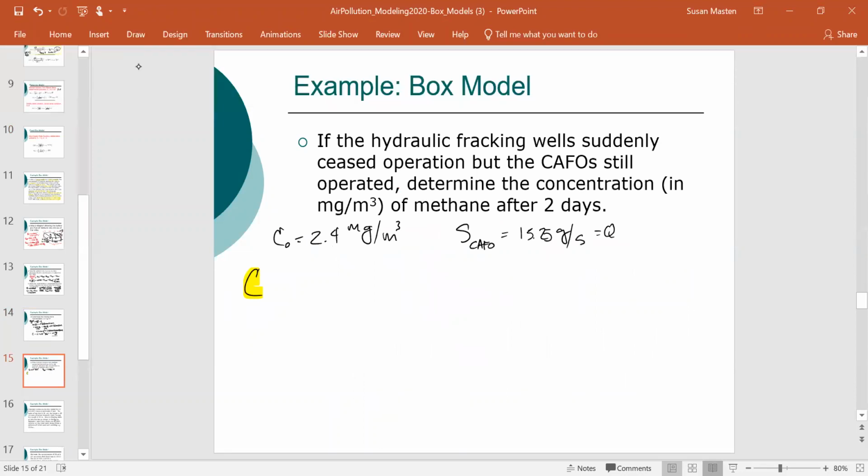We want the concentration 2 days after this operation ceases. So we have 15.25 grams per second. We're going to divide that by the volume.